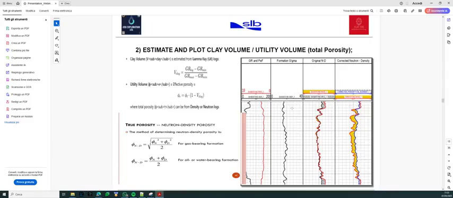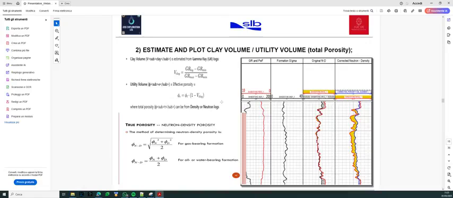To calculate the clay volume and all kinds of minerals that cause diagenetic phenomena, like chlorite, mineralization, oxide, and others, we can use this formula based on gamma ray logs.